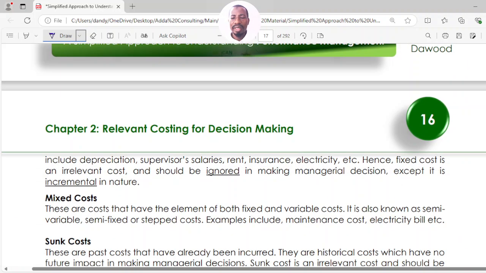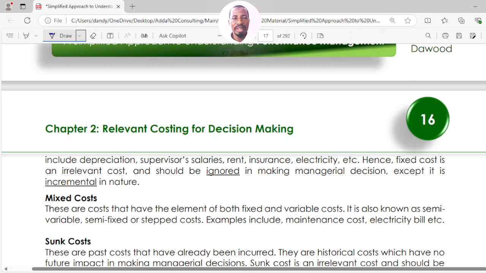Then what are the examples of fixed cost? Again, we have discussed it previously under operating statements. The examples of fixed cost include electricity, maintenance costs, heat, rate, depreciation, staff salary, insurance, rents, and a whole lot of expenses that will be incurred that are fixed in nature.